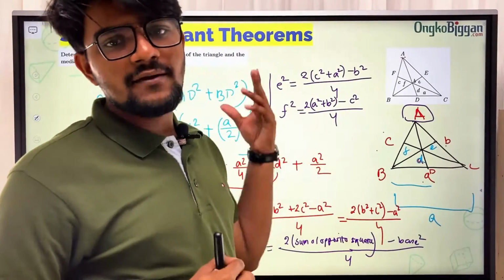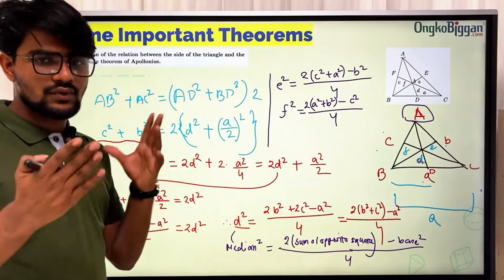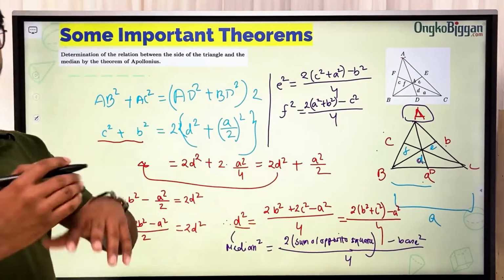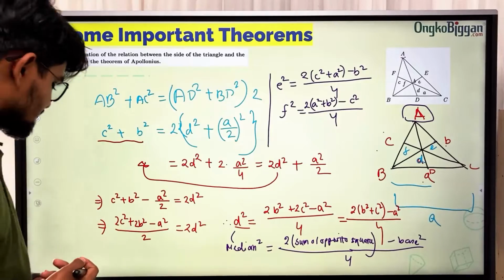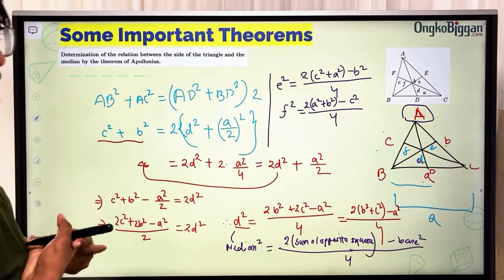Then we divide it by 4 and we get the median square, that is the squared value of the length of the median.